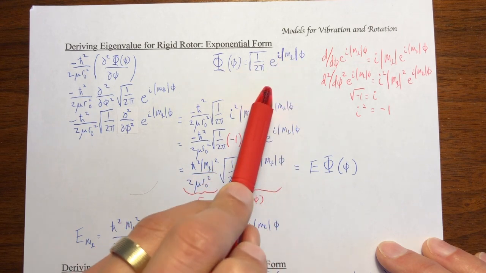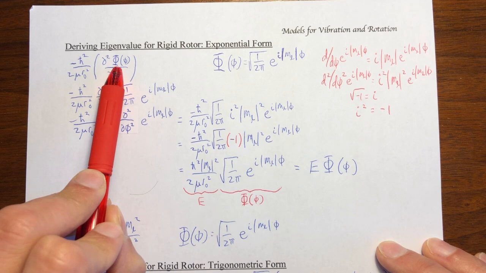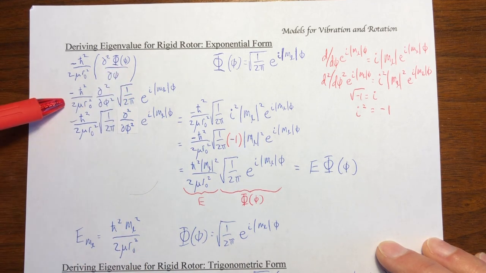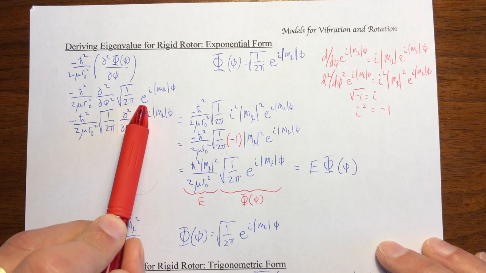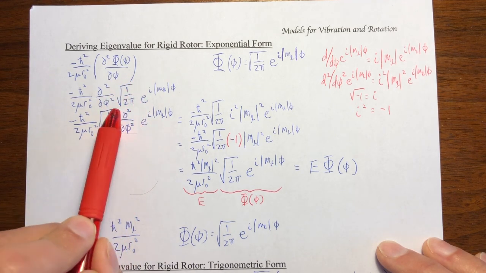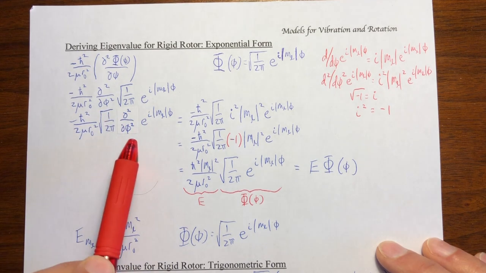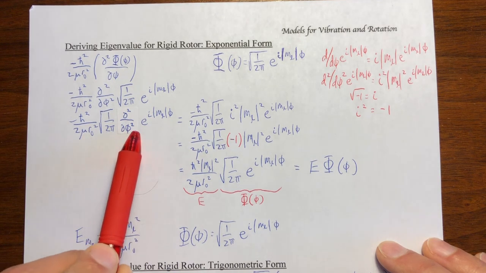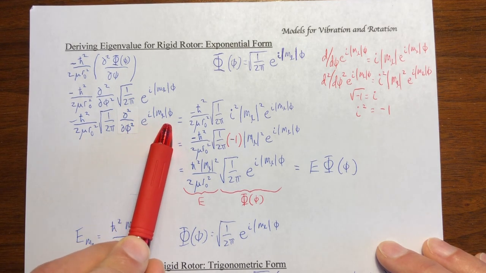So this whole normalized wave function gets substituted in for our rigid rotor wave function here, and what we're left with is negative h bar squared over 2 mu r naught squared times the second derivative of our normalized rigid rotor wave function. The square root of 1 over 2 pi is a constant, so that can come out in front of the second derivative. And what we need to do now is evaluate the second derivative of e raised to the i m sub l phi.